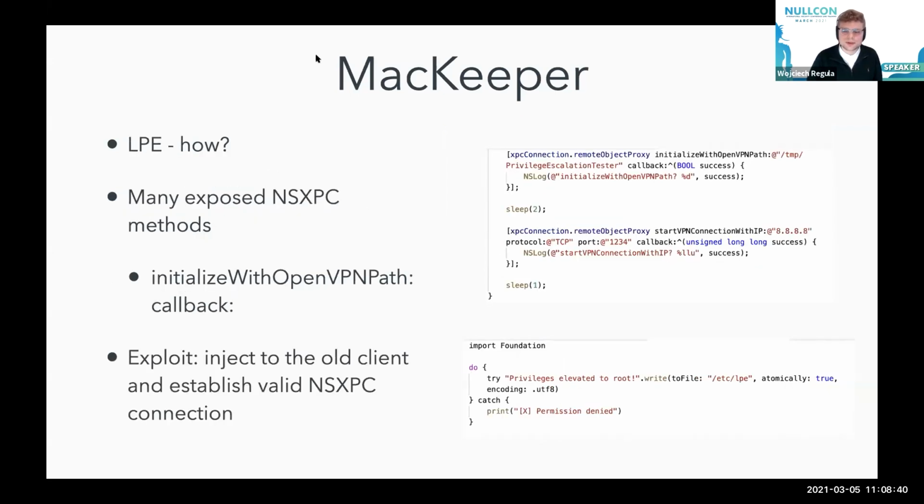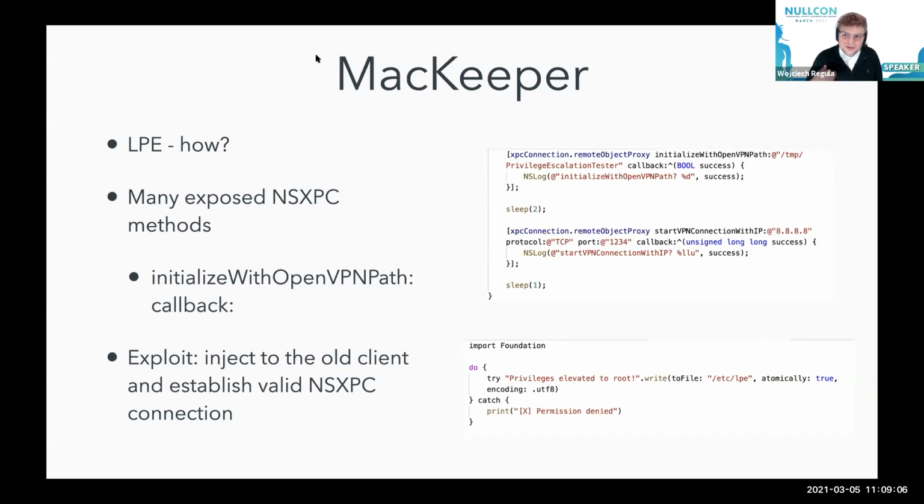But how did we reach local privilege escalation? So MacKeeper exposed many NSXPC methods. And one of these methods was initialized with OpenVPN path. And as you probably guessed, OpenVPN is a type of VPN. So it redirects all the outgoing traffic from your computer.